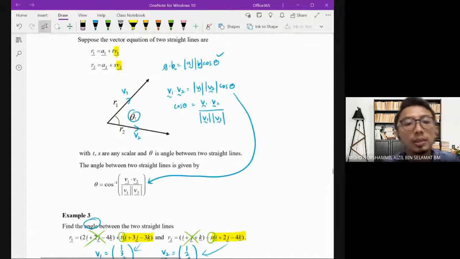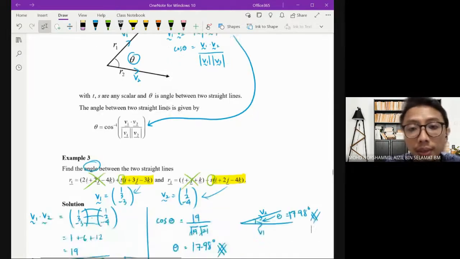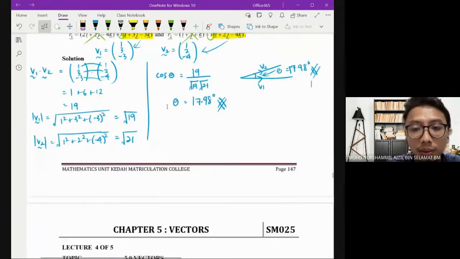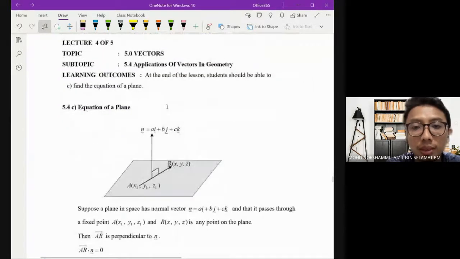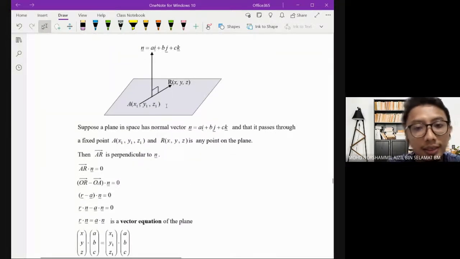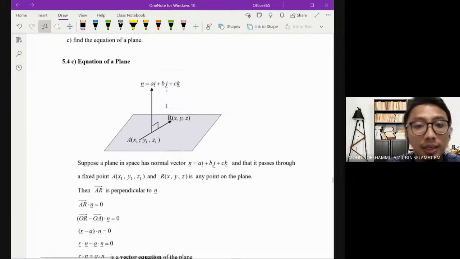Straight line tadi ada 3 jenis: vector equation, parametric equation, followed by Cartesian equation. And then kita juga boleh cari angle between straight lines. Angle dia controlled by V1 and V2 only. Alright. So habis dah itu nanti kita akan masuk plane pula. Insya-Allah.